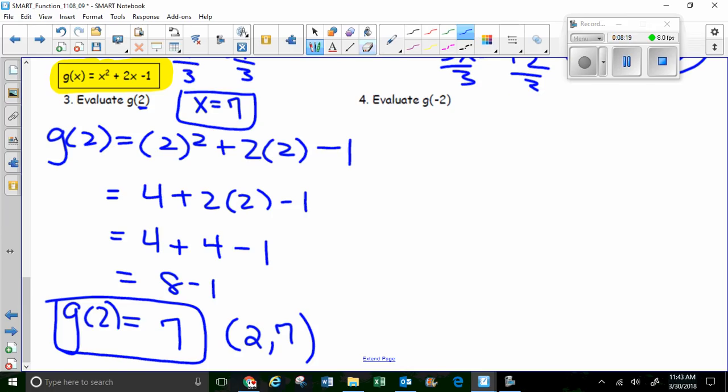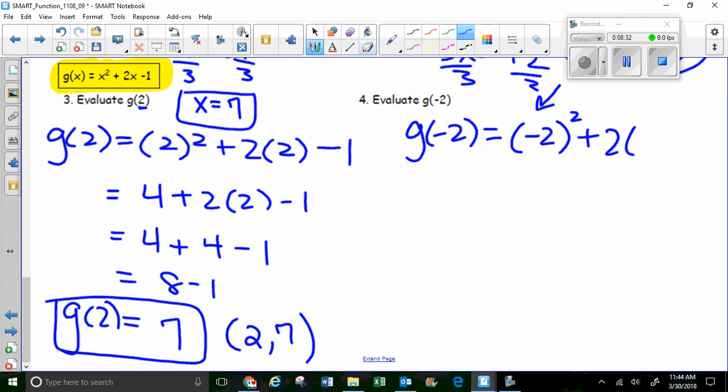Okay, let's try plugging in a different value to g. This time I'm going to replace x with -2. The parentheses are super important here, particularly when I'm squaring -2, and we've talked about this before, why that is. So again, using order of ops, -2 squared is +4.